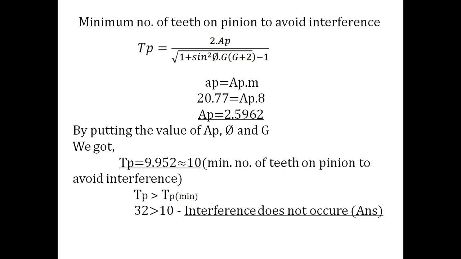We are closing the topic of interference here. We already solved 3 problems on different conditions, condition number 1, 2, 3. On these three conditions, one numerical will compulsorily come in the examination. In this, you have to satisfy either condition number 1 or 2 or 3 as per the given data.